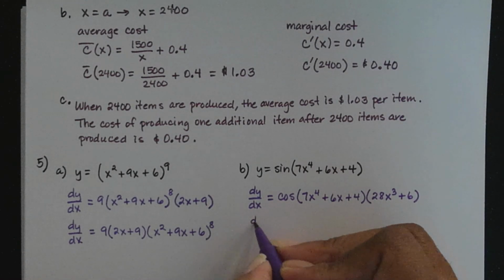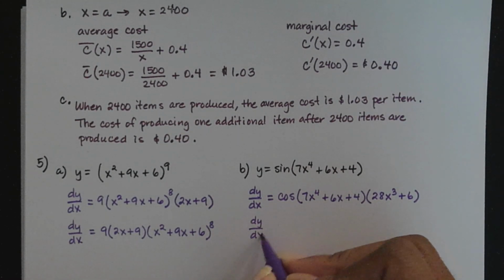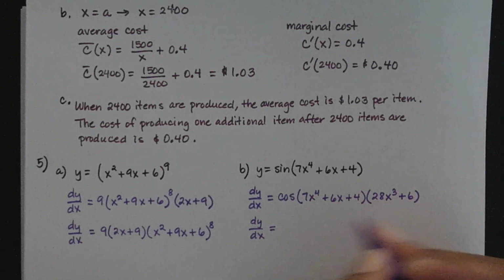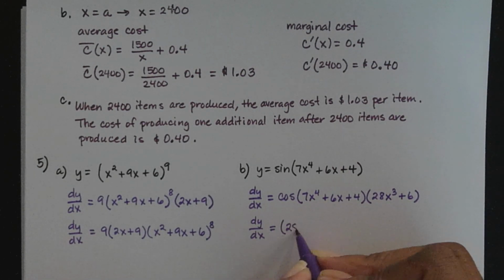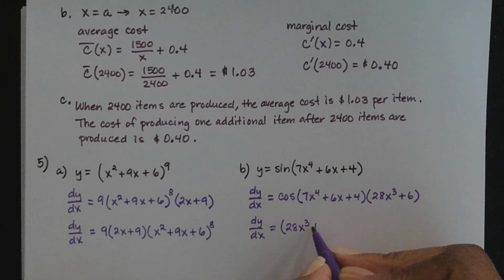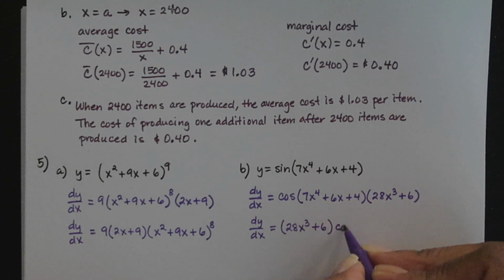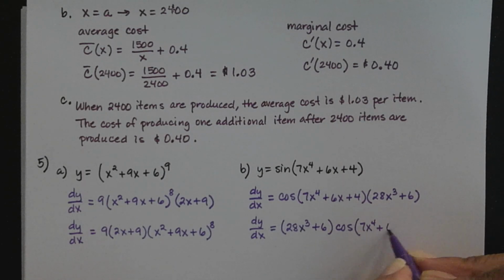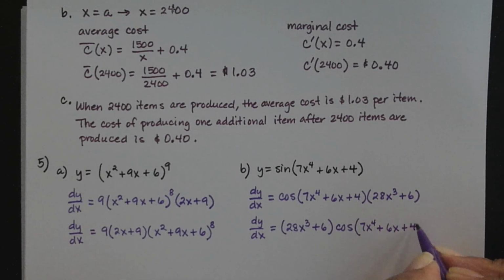And here's what I'll do. This right here is an angle, so that stays with the cosine. But that 28x cubed plus 6 would go in front of the cosine of 7x to the 4th plus 6x plus 4.